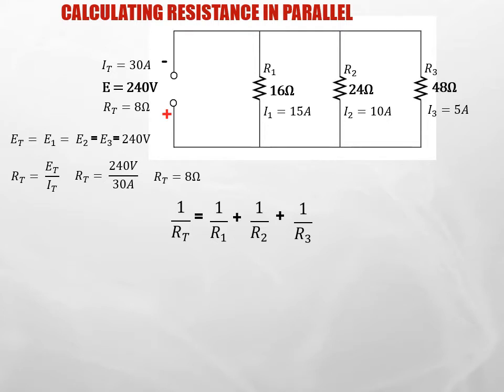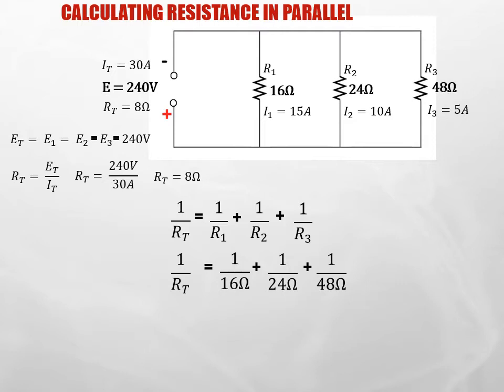So if we take our new formula, the reciprocal of the reciprocal sum will give us the total resistance. So 1 over RT is equal to 1 over 16 ohms plus 1 over 24 ohms plus 1 over 48 ohms, or a 16th plus a 24th plus a 48th.